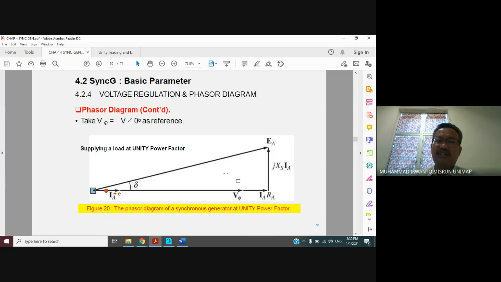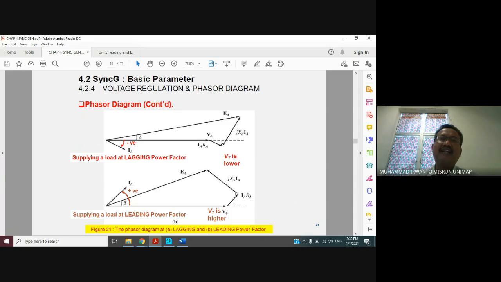Okay, that is the unity case. The second is lagging power factor.